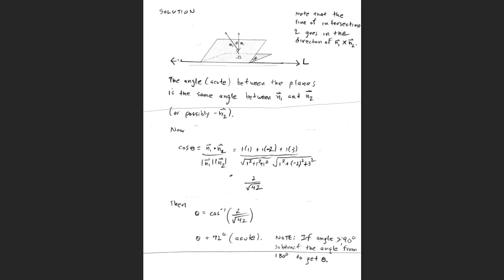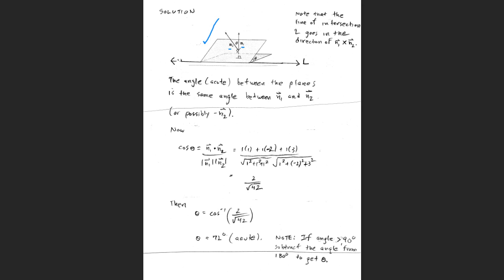So a little nice picture here. This picture, obviously, I got it from the book, but I thought it was a nice picture. And it's just a simple little picture here at the top of two planes that intersect in a line, that intersect along a line L. And we have the normal vectors N1 and N2 drawn for the planes.